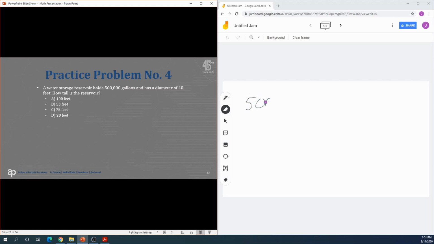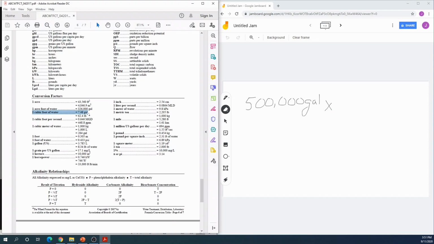So 500,000 gallons. Going back to our cheat sheet, we have 1 cubic foot is 7.48 gallons. And again, we know we want to put the 7.48 on the bottom because we want gallons to cancel gallons.